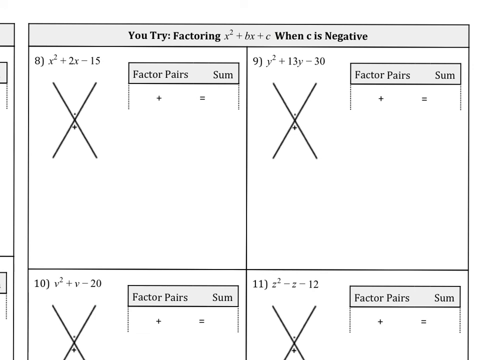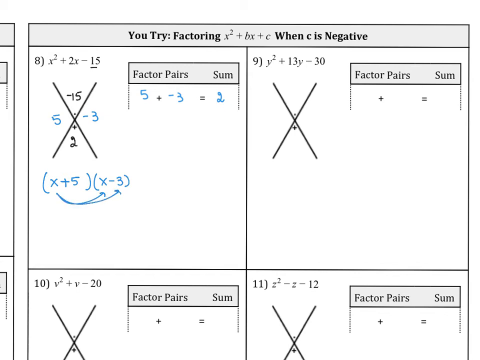For question number 8, again, what goes on the top is the number negative 15, and on the bottom would be 2. The two numbers we're looking for are going to be 5 times negative 3, because 5 minus 3 is 2, and 5 times negative 3 is negative 15. So the two factors are x plus 5 times x minus 3.